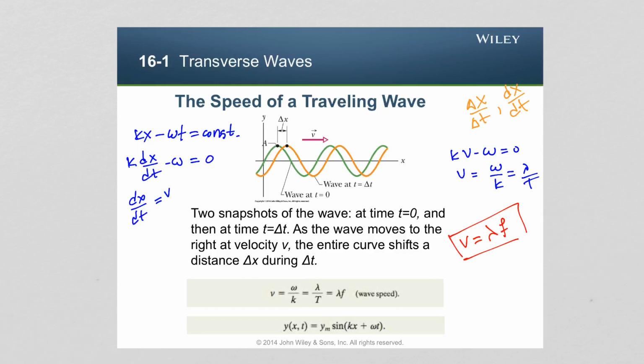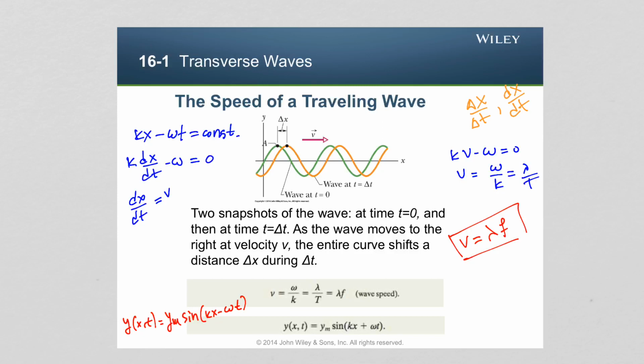When I described the equation of the waveform of the wave, it looked like so: y of x and t is equal to ym sine of kx minus omega t. So this was written for a wave that propagates in positive x direction, like so.